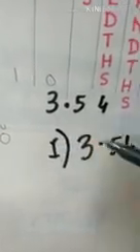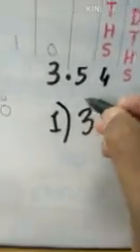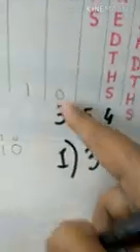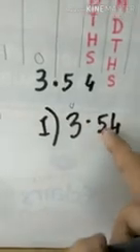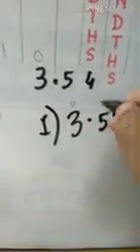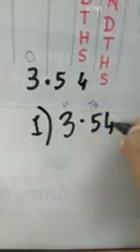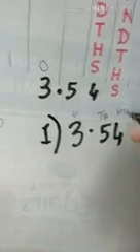Now see here, we are taking sum number 1 where you have 3.54. Now this 3 is a whole number, so this will come as unit. So we post this 3 in the units place. Now after the point, 5 and 4. This is tenths, TTH in short form, and this is hundredths, HTH.